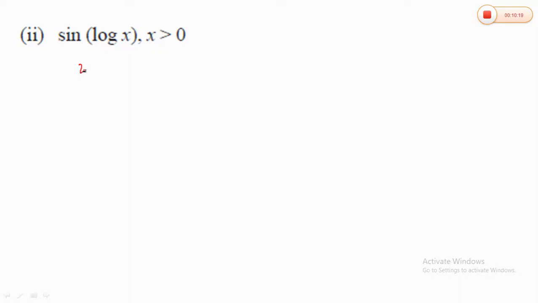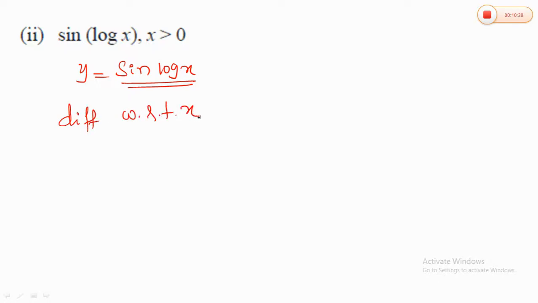So y equal to sine log x. Observe here, it is also a composite function. So directly you can differentiate here. Differentiate with respect to x. dy by dx is equal to d by dx of sine log x.